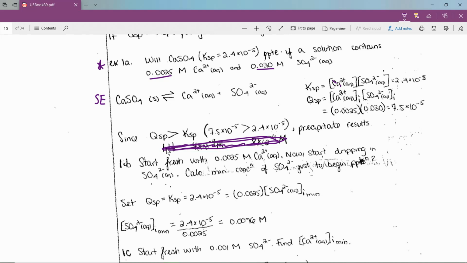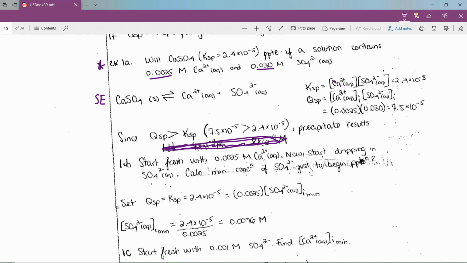The 0.03 was more than enough. Maybe we don't want to waste the sulfate. Say your boss is saying, hey, we got to reclaim some calcium from this solution. We don't want calcium ion being in the solution. It's causing some problems with some seashells or something. I don't know, some aquatic life. So we want to get the minimum amount needed.